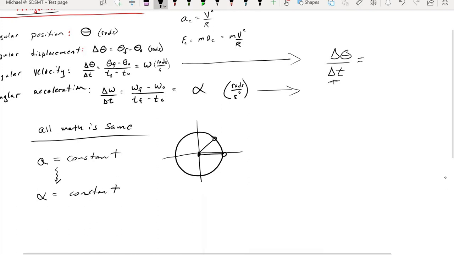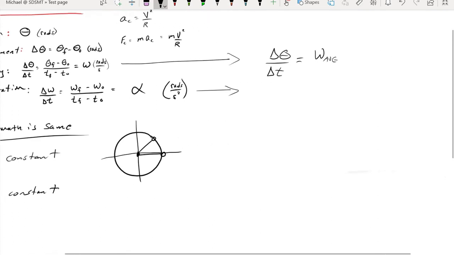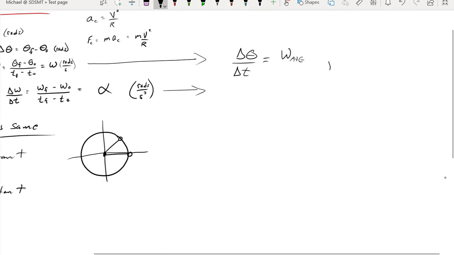And so the best that we can hope for with a large time interval like delta t is to get an average angular velocity. If we want an instantaneous angular velocity, then we need to shrink that time interval down to something that is instantaneous, and that is where the calculus will take over.